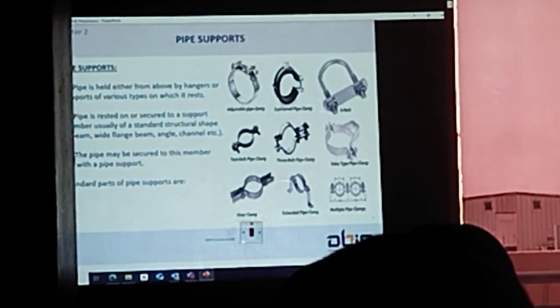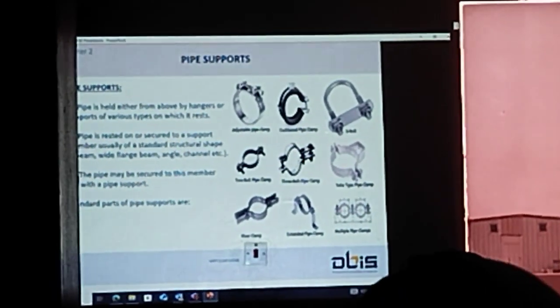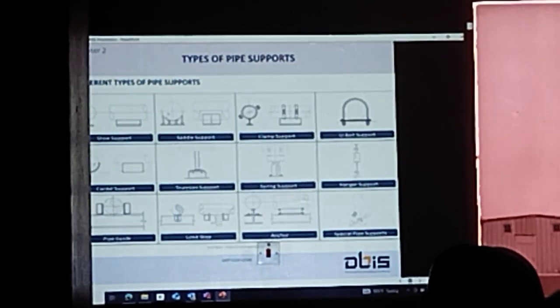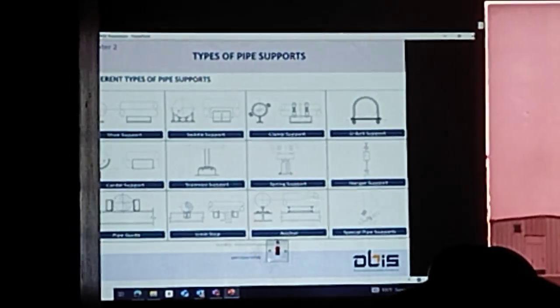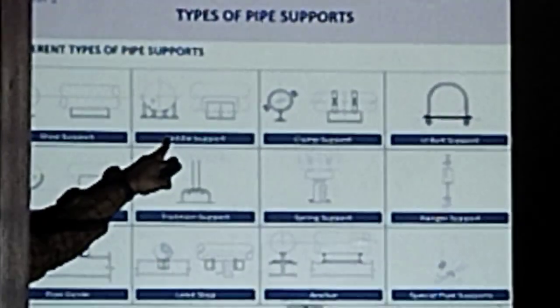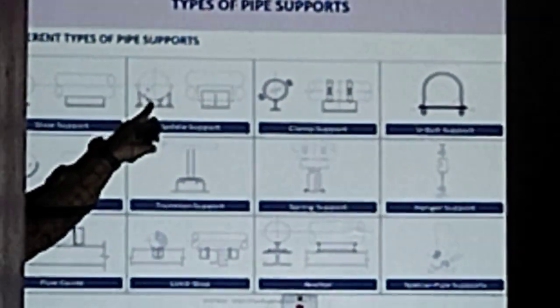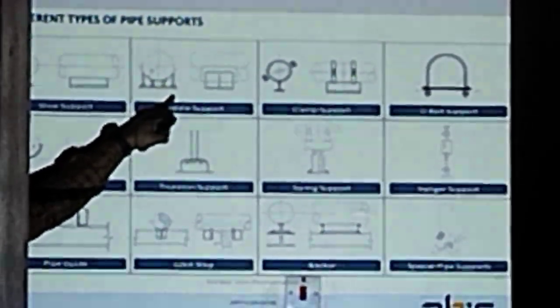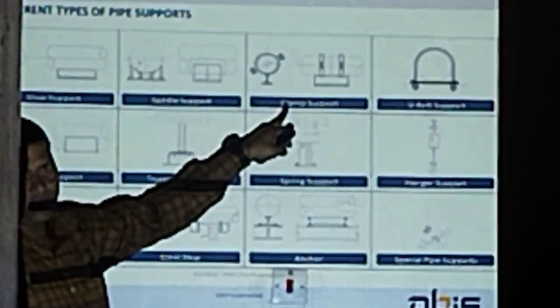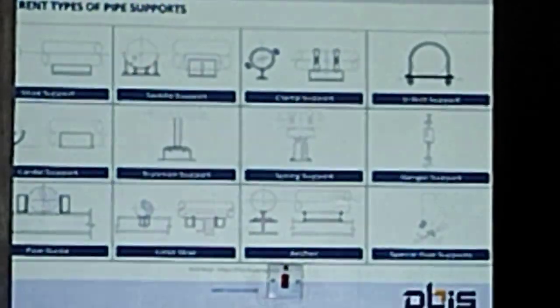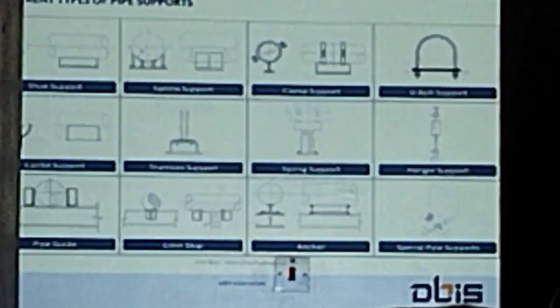These are support clamps, pipe supports. This is called saddle support. The screw will be supported with two more threads. That's why it is called saddle support. This is called clamp support, pipe clamp support. Single clamp and double clamps will be there.